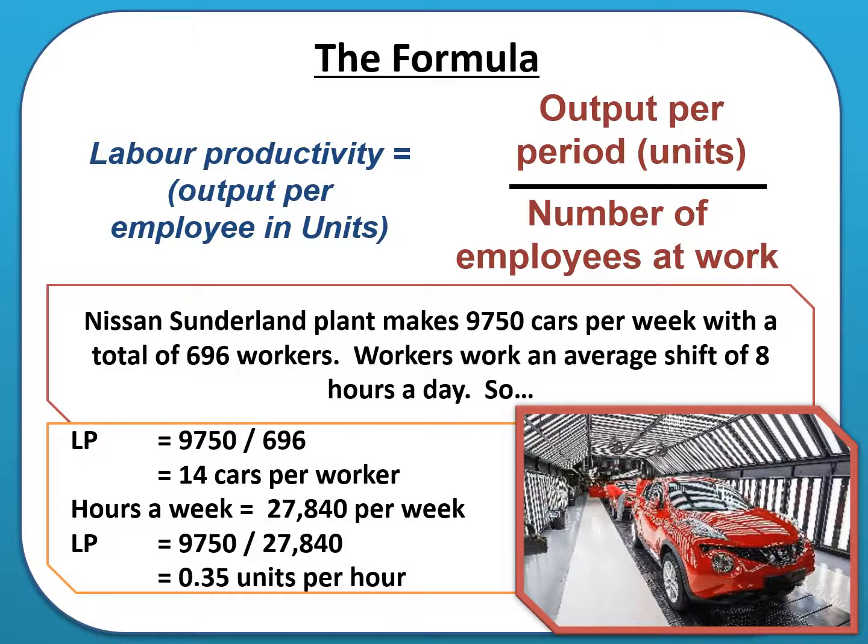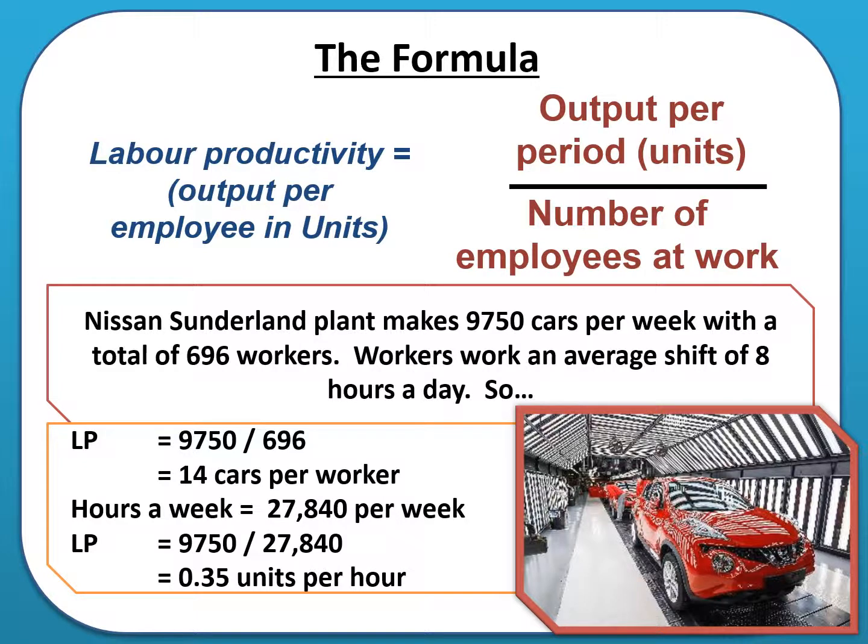Then you look at hours a week. They're doing 27,840, which I think I got by timesing it by 8. So you've got 9,750 divided by 27,840, which equals 0.35 units per hour.